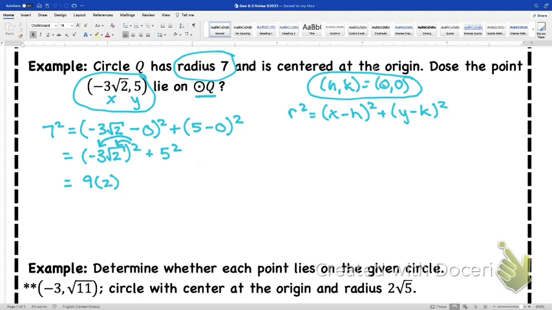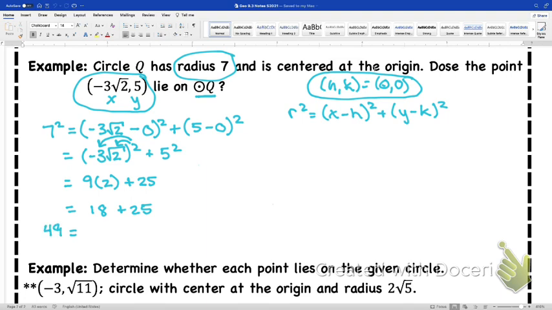Plus, what's 5 squared? 25. So we have 18 plus 25 better equal what? What's 7 squared? 49.